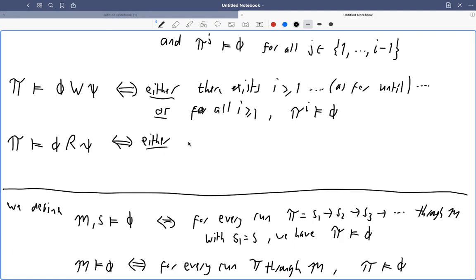So either there exists an I greater than or equal to 1 such that phi holds at I, and for all j from 1 up to I, psi holds at j.